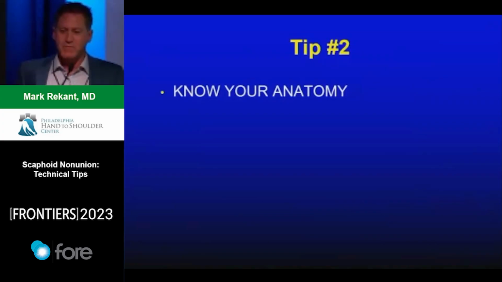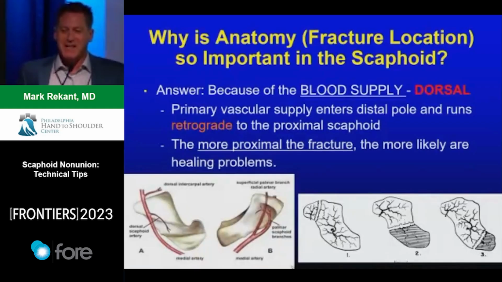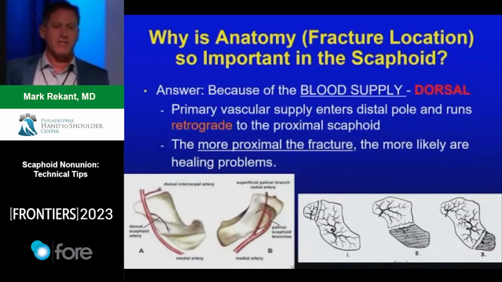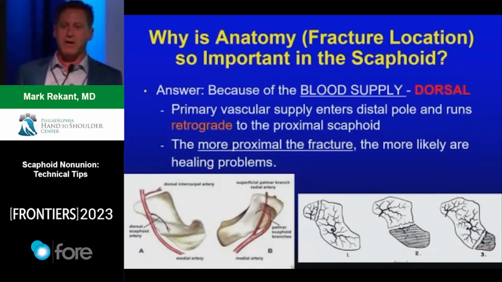And that's very important. As we heard from the last talk, know your anatomy. This will probably be the theme of the morning. Very, very important. And once you know your anatomy, I think you can manage all of these problems this morning. But with regards to the scaphoid, we have to realize that the blood supply comes in sort of retrograde, which is unusual. The distal radius, all the blood flow is coming straight from the heart at an arterial gradient.